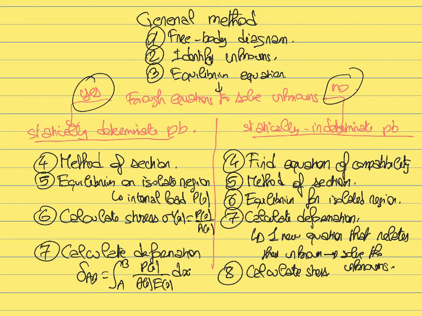So in the case of a statically determinate problem, you first calculate the internal load and then, based on this, calculate the deformation. Now it is going to be reversed. In the case of a statically indeterminate problem, you need to first calculate the deformation, and this is what is going to allow you to calculate the internal load and the internal stress. So this is a reversed approach.